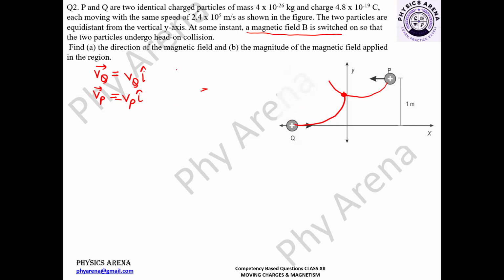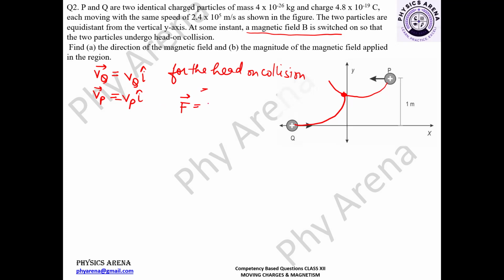So for the head-on collision, force on charge particle Q has to be in upward direction, and force on charge particle P has to be in downward direction.